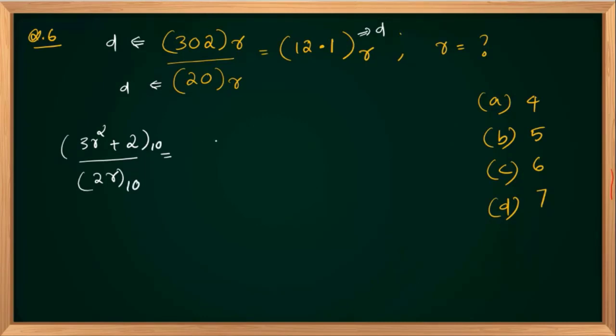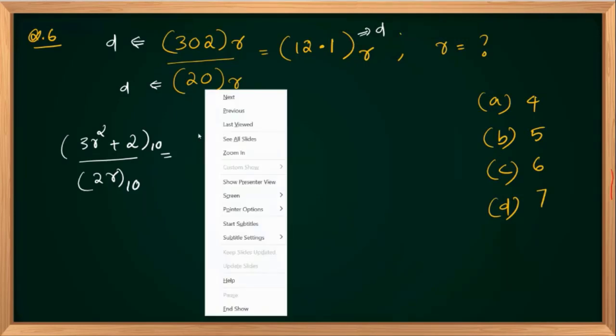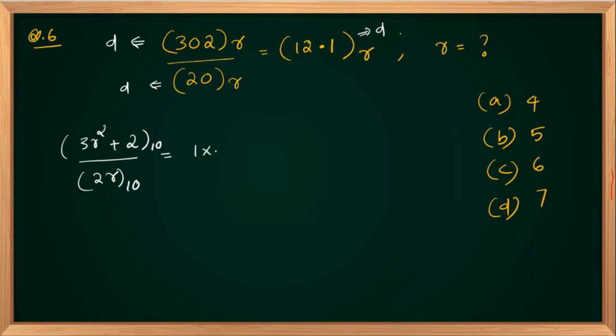The right hand side you should be careful, it is 1 multiplied by r plus 2 multiplied by r power 0. You should not forget to put a plus sign, plus 1 multiplied by r power minus 1. That many, decimal equivalent base 10.